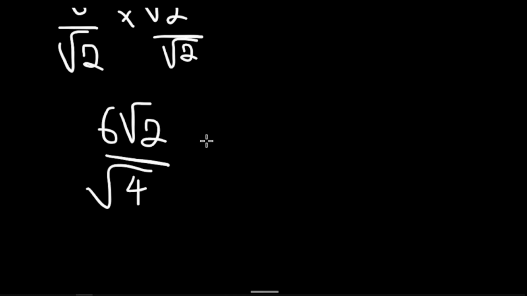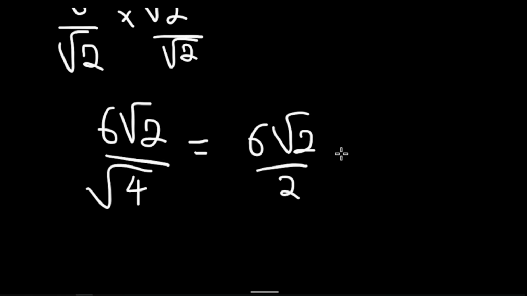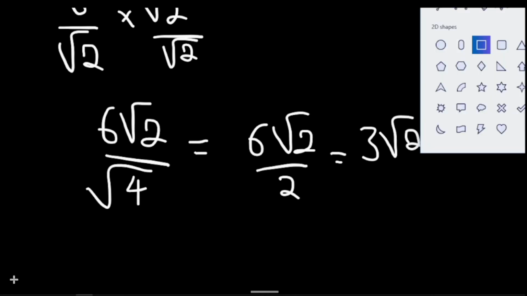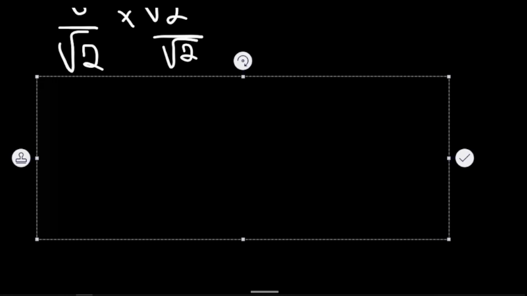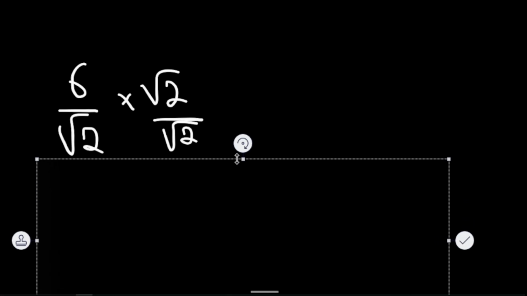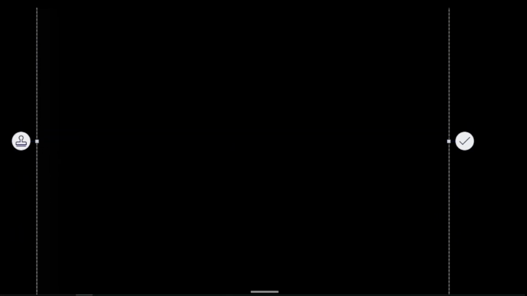And then we know that the root of 4 is basically 2. And then notice that 2 is a number and 6 is a number. So 6 divided by 2, that is 3 root 2. Yeah, so that's a basic idea of rationalizing.